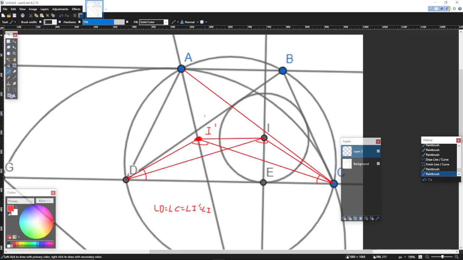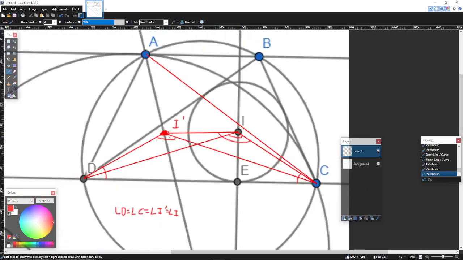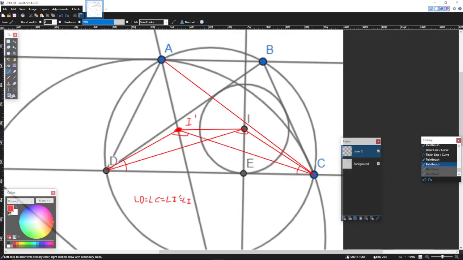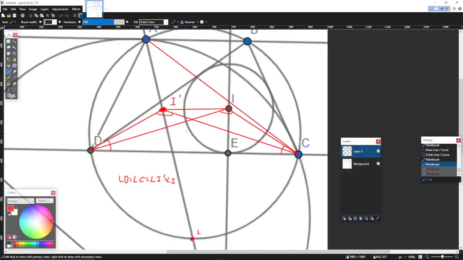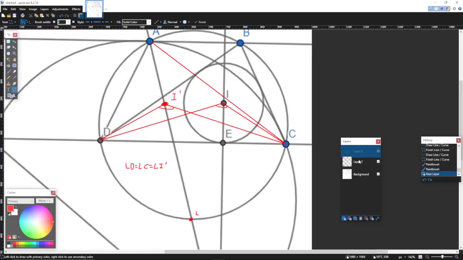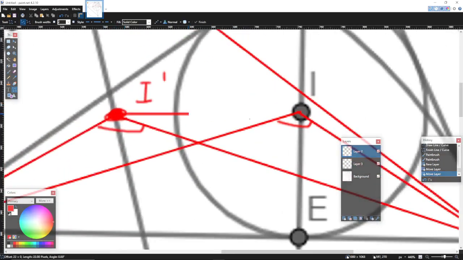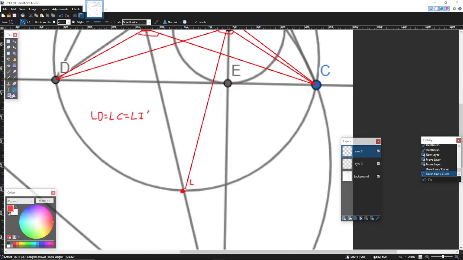But we also know that the opposing angles, since this is a cyclic quadrilateral, add up to 180. So these two angles are the same. Moreover, this thing is an isosceles trapezoid, which means that I prime I is parallel to CD. Okay? So if I undo some of the lines here and sort of bring this layer down, let's look at some more lines. Let's look at I prime I, since that's a very nice parallel line.